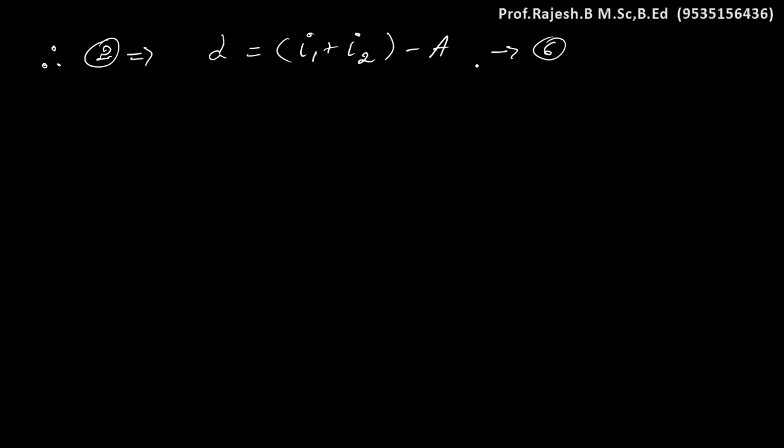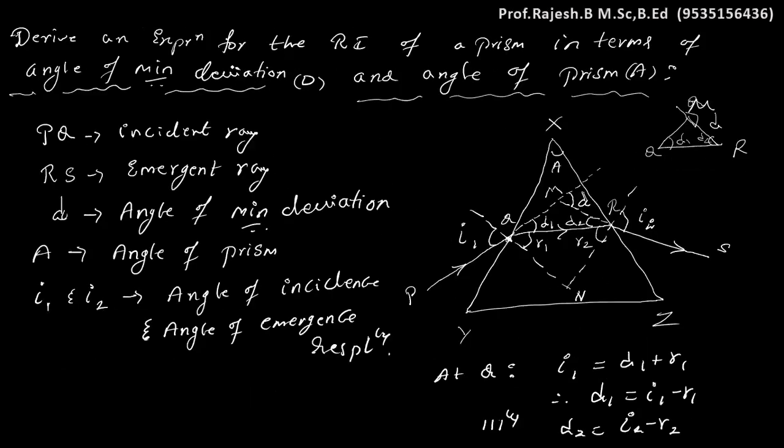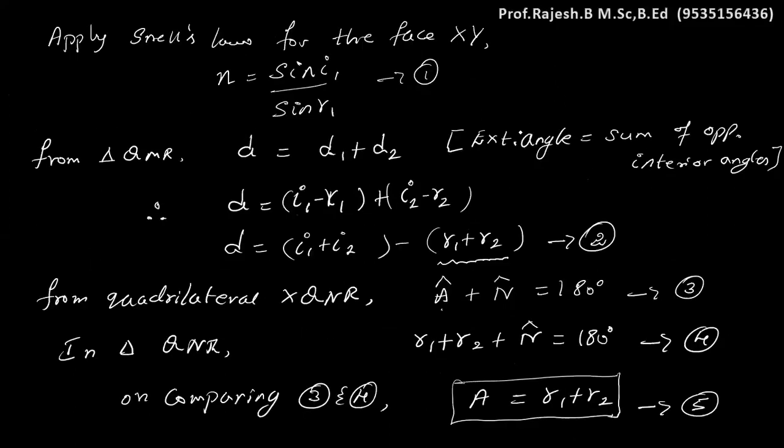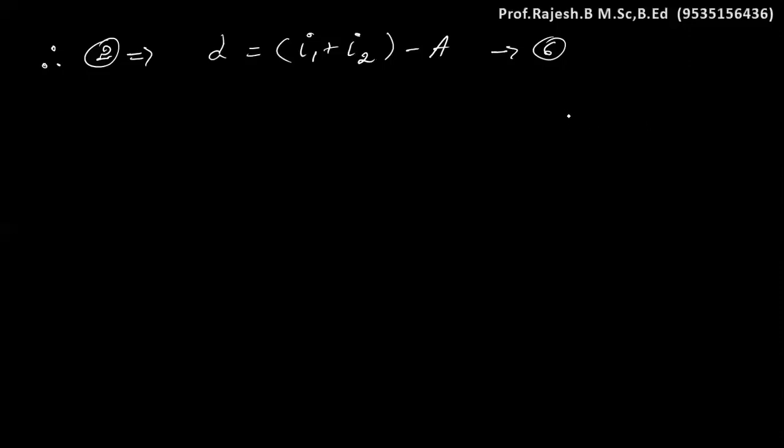Now what is the condition we have to derive? Observe the question. It says angle of minimum deviation. What is the meaning of angle of minimum deviation? See, minimum deviation is usually done practically. There is a minimum deviation curve like this.